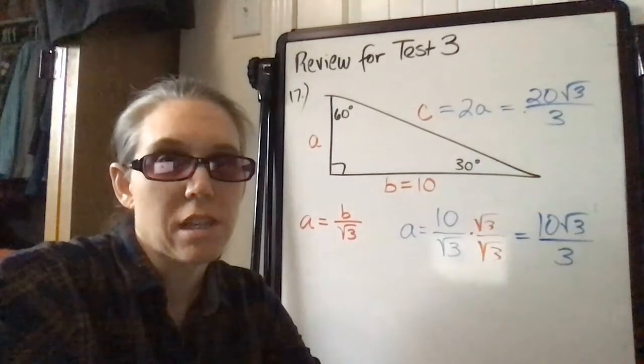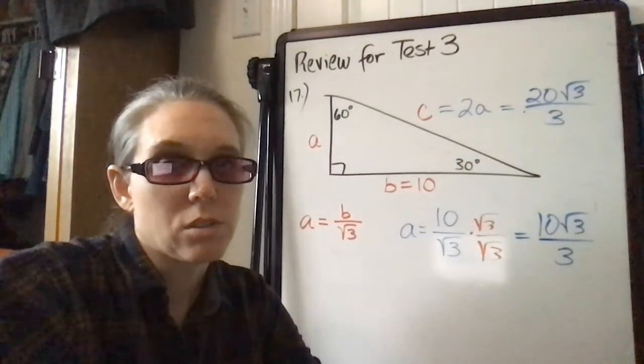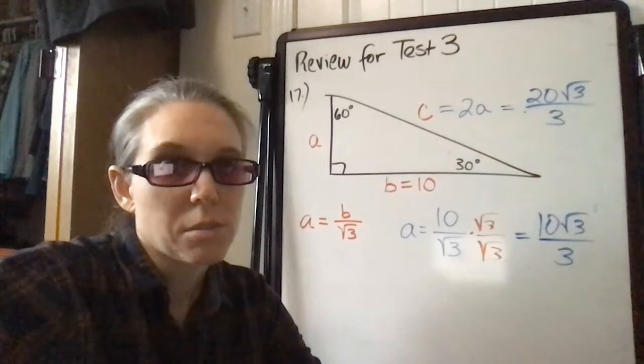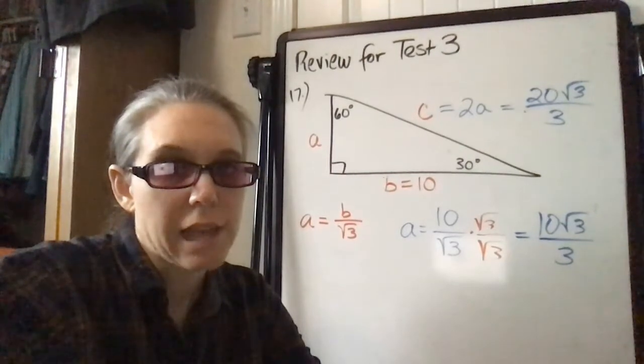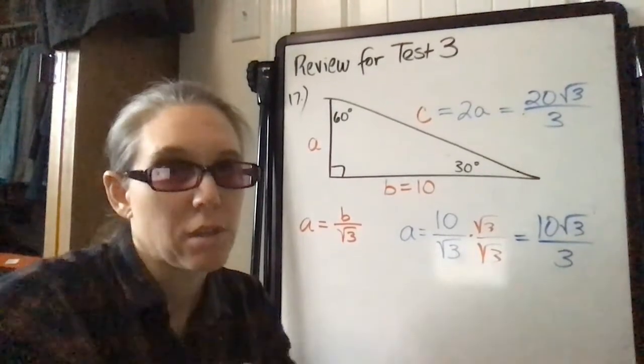All right, question number 18 is another one that requires you to show your work. So question number 18 is the laptop problem, and it requires you to use the Pythagorean theorem.